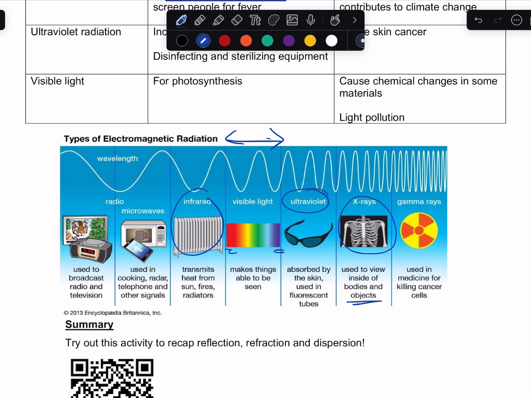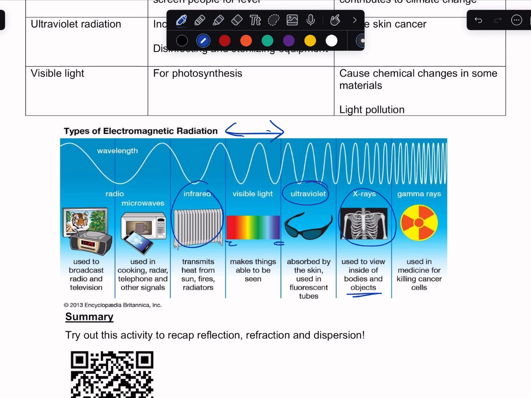Radio waves and microwaves are what we use in our daily lives, right? Radio to broadcast signals, microwaves for us to heat up our food. Gamma rays is something that you may not have heard of before. That's because it's quite dangerous, but it can also be used for good in medicine for killing cancer cells.